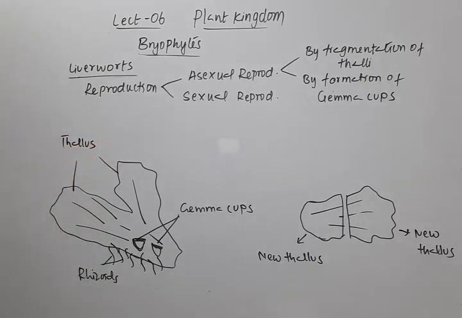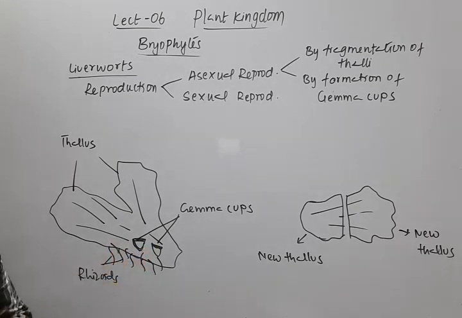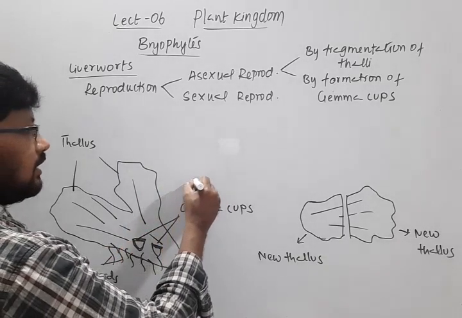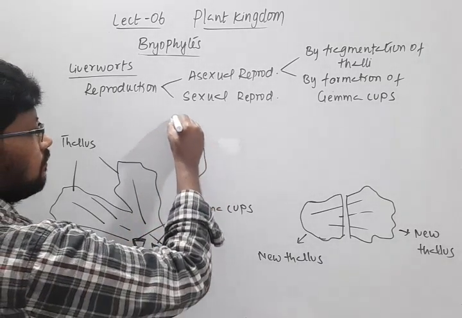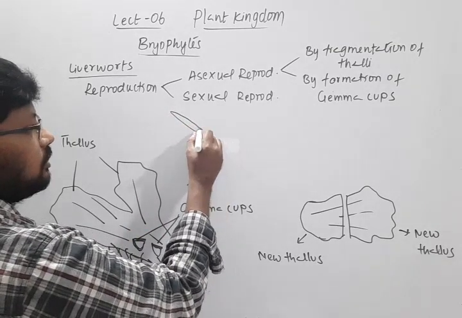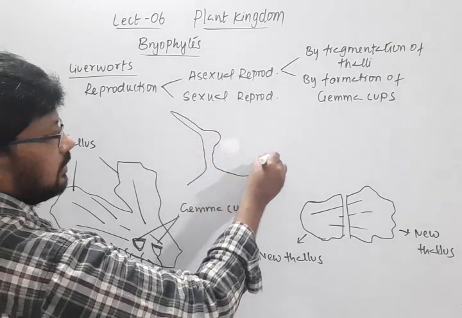Inside these gemma cups there are small bud-like structures called gemmae. By taking a longitudinal section of this, you'll see something like this.